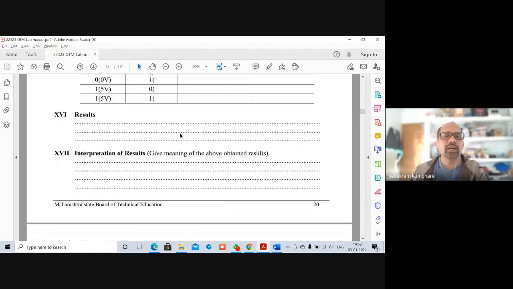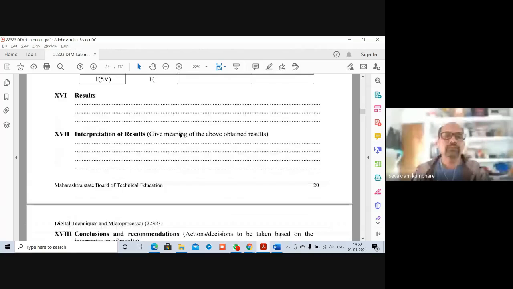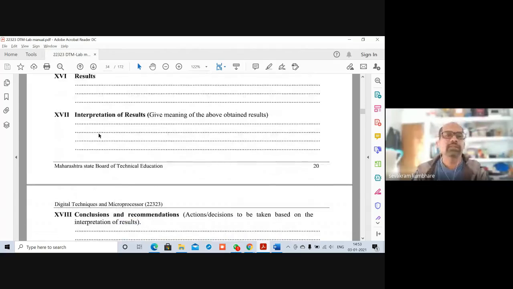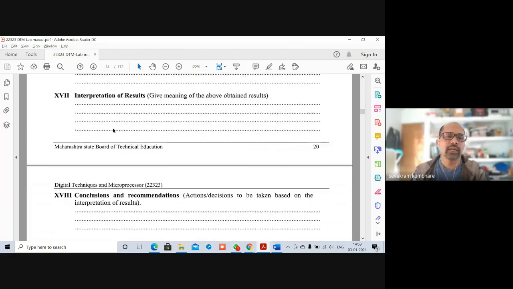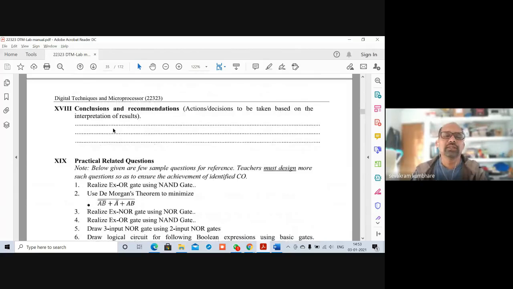Like that you can write down the results. Interpretation of result: in that you can mention that De Morgan's theorems give us the complement of whole term can be converted into separate complement terms. Like that also you can mention. This you have to write by your own. Conclusion: hence De Morgan's first theorem and second theorem is proved.